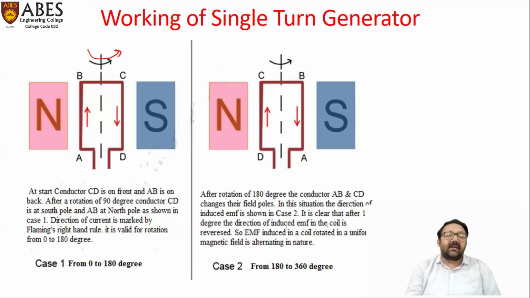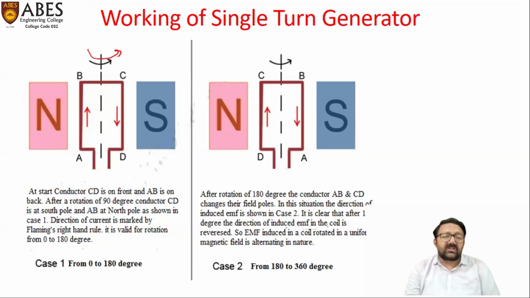Similarly, the back face of the coil, conductor AB, is now in the influence of the North Pole. For conductor CD, the motion is perpendicular to the plane of the screen and it is moving away from us.